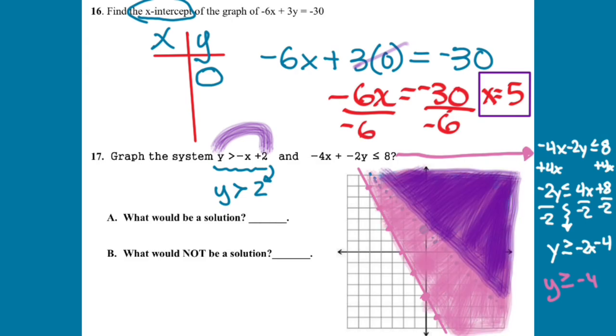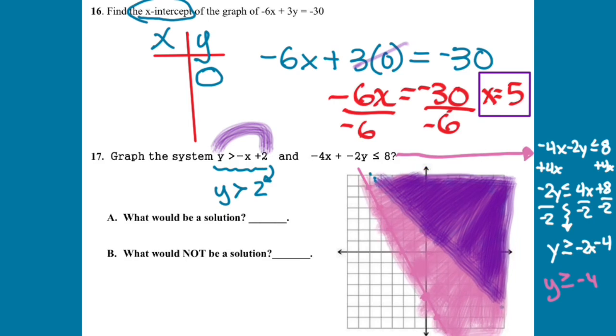When I do that, I see that the double shaded area is the purple, and you can pick any solution from that area. I'm just going to go with like 4 and 6 in here, right? We put it in pink. 4 and 6. And I know that is in the double shaded area.